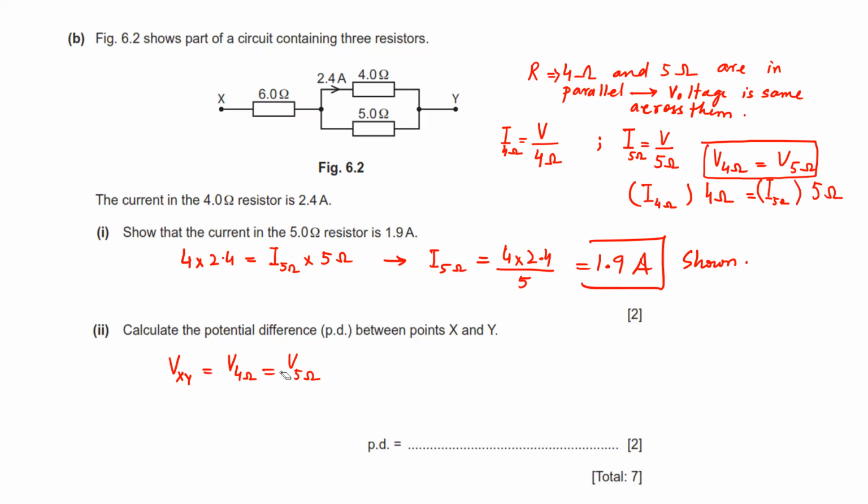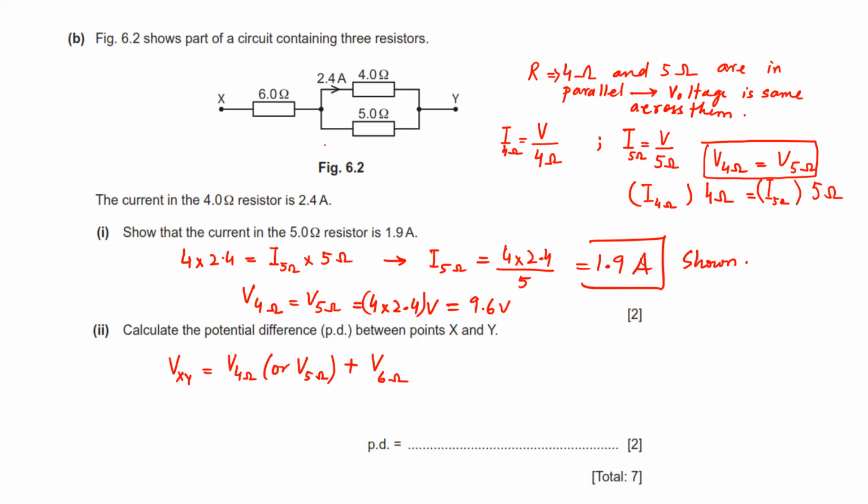So potential XY is the potential difference that is dropped across the 4 ohm resistance or 5 ohm resistance plus the potential across the 6 ohm resistance. So V across 4 ohm is equal to V across 5 ohm is equal to 4 multiplied by 2.4 volts. If I multiply 4 by 2.4, it comes out to be 9.6 volts.